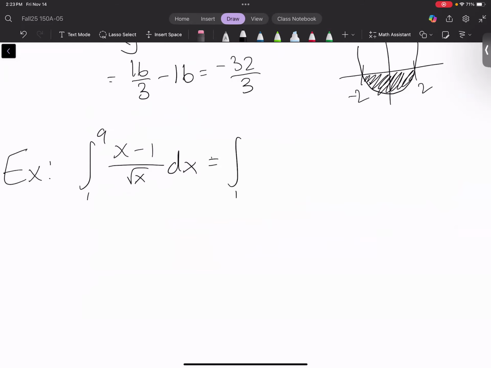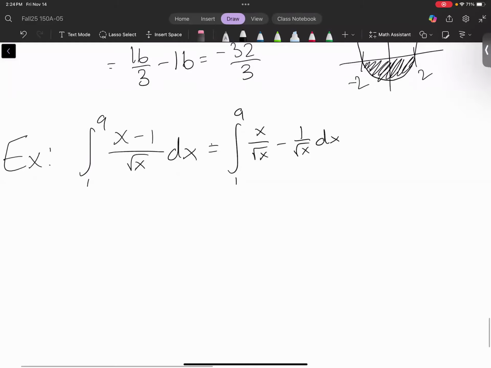What I want your first step to be is to split the fraction like this. Now you're going to rewrite those as x to some power and do the integral power rule, and then do all the algebra. So go ahead and pause here and try as best you can on your own. If you hit a stopping point, that's okay. Let's see how you did.